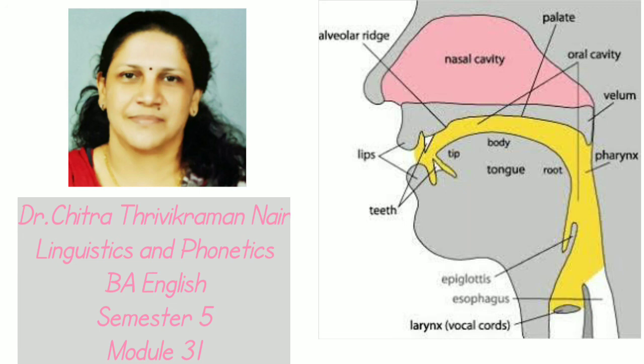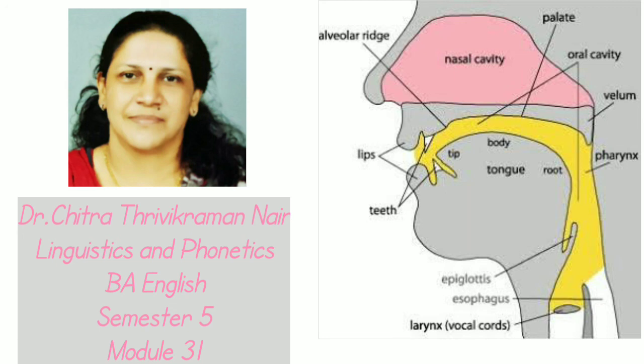Whereas the most important articulator, the active articulator, is that of the tongue. The tongue is an active articulator because it can be moved in different directions in order to produce different speech sounds.